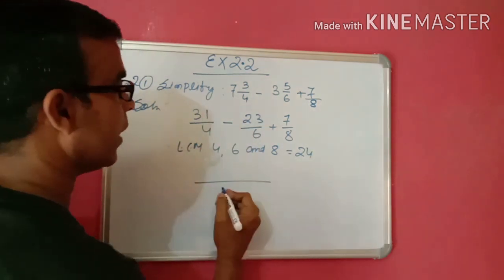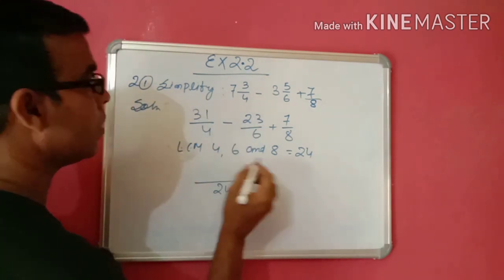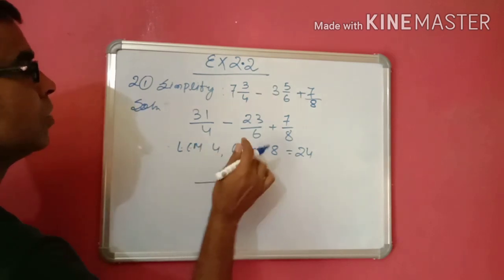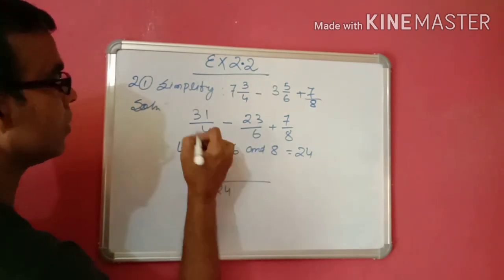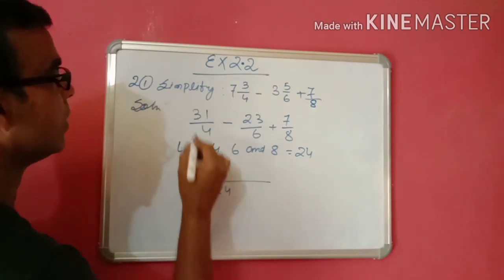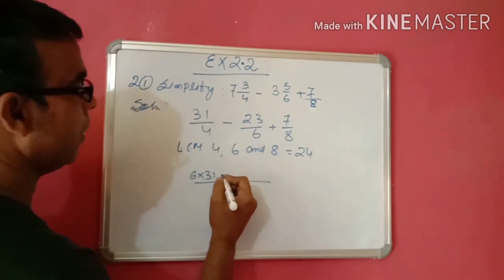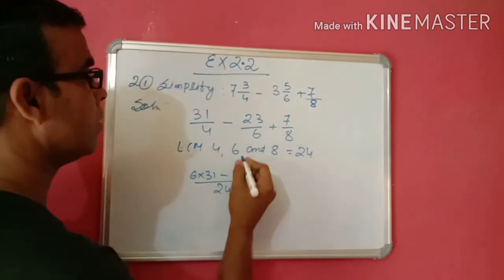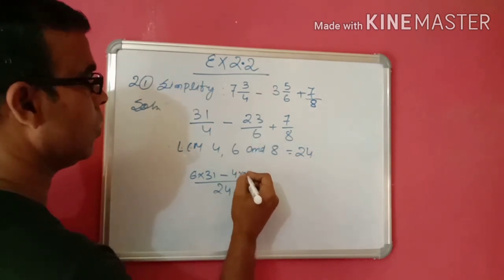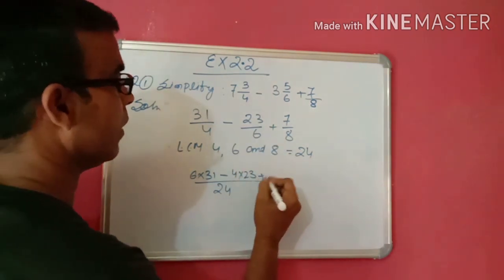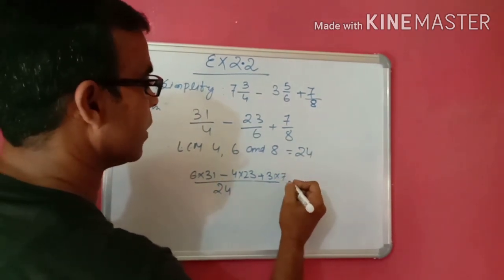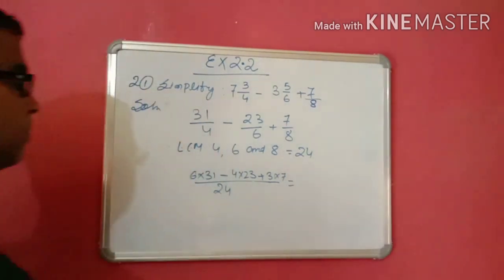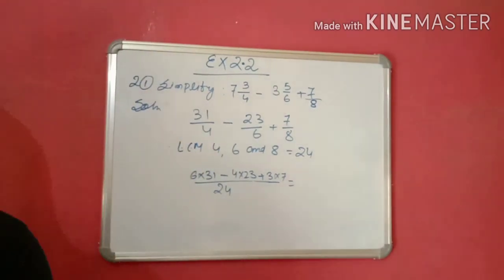So write down 24, and this is 4 into 6, 24, and 6 into 31. In between the minus sign is there. This is 4 into 23. Here 3, 8 are 24 into 7.